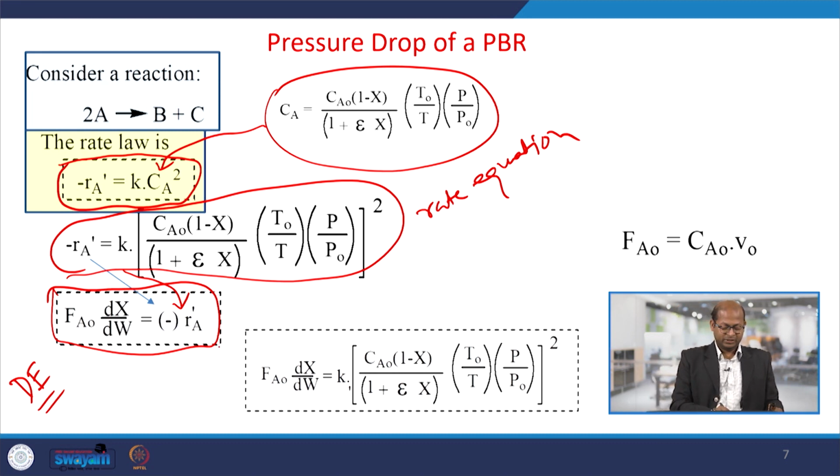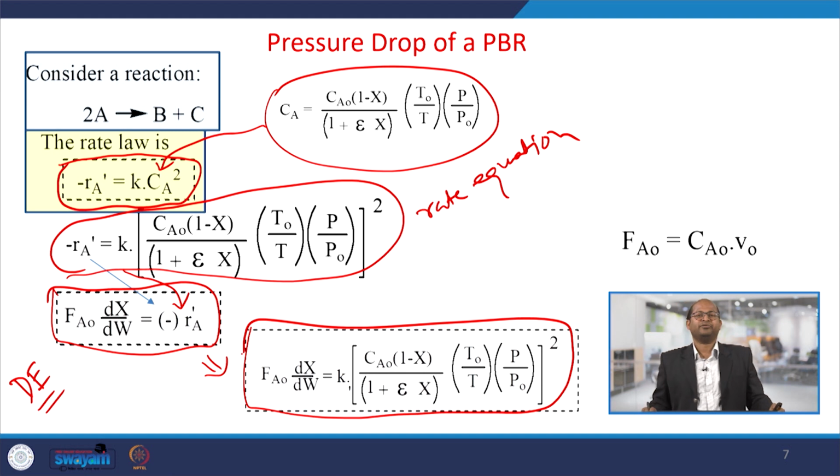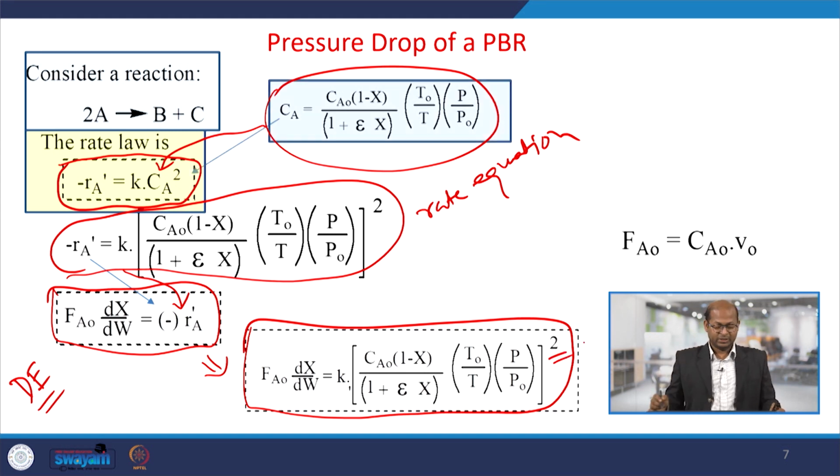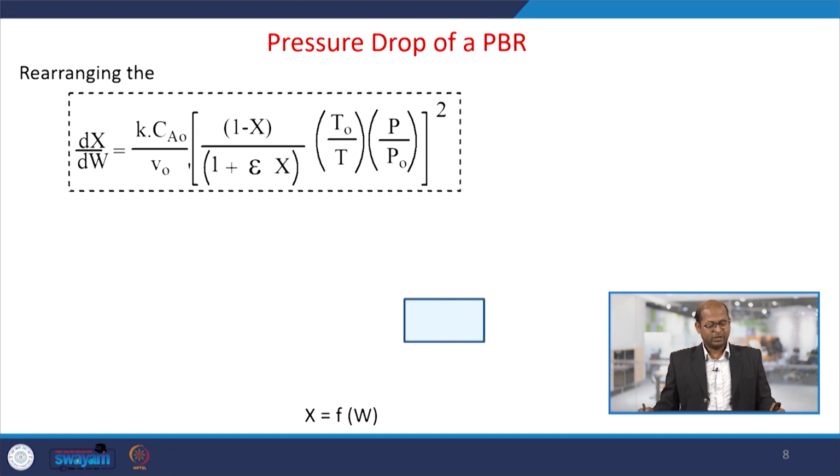Once we substitute, we get the equation in differential form: Fa naught dx by dw equals k Ca naught 1 minus x, 1 divided by 1 plus epsilon x, multiplied by T naught by T and P by P naught, squared. So, these equations we can rearrange.